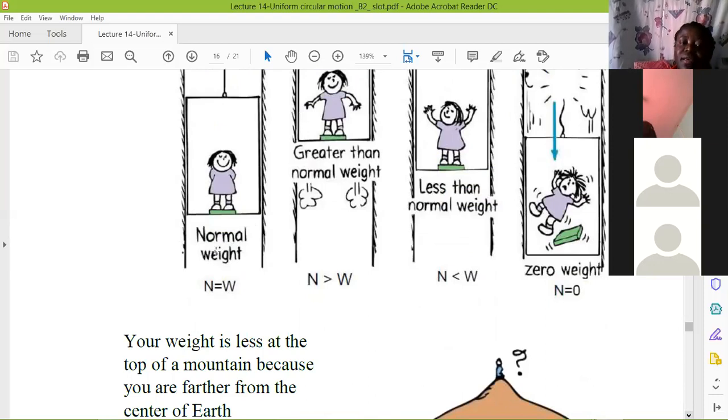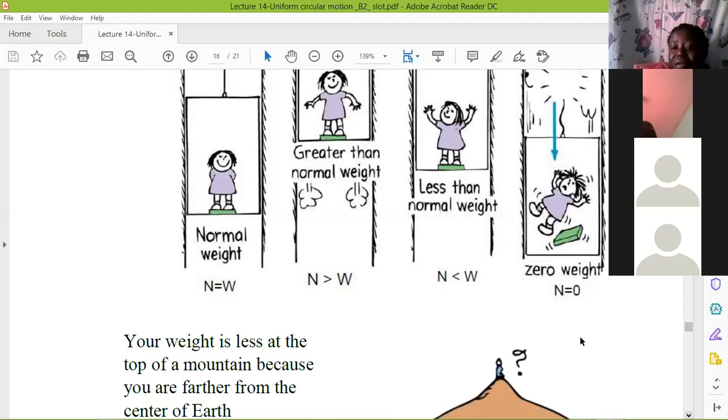Here the normal force is equal to the weight, because the lift is not moving. As you go up, the lift force is greater than the normal force. We have done this, and here the normal force is smaller than the weight.